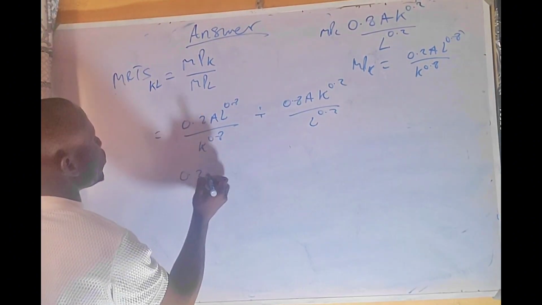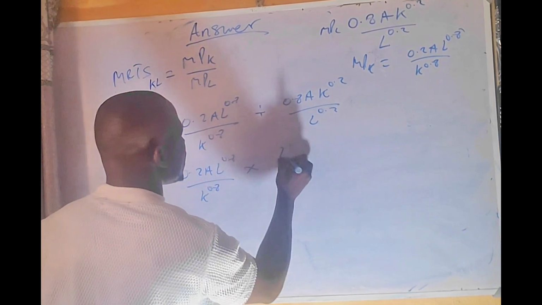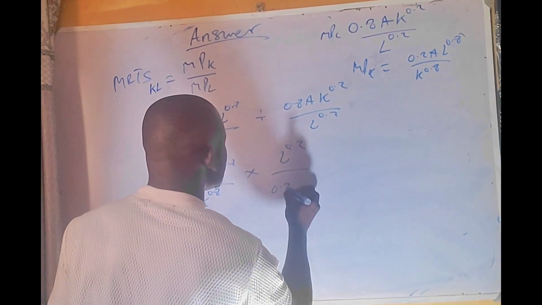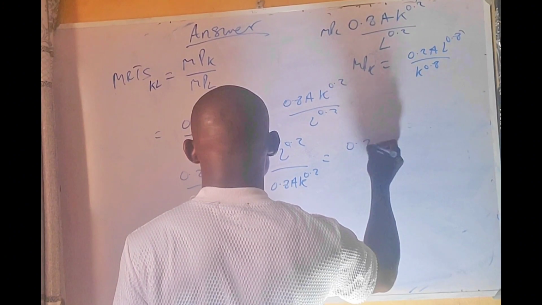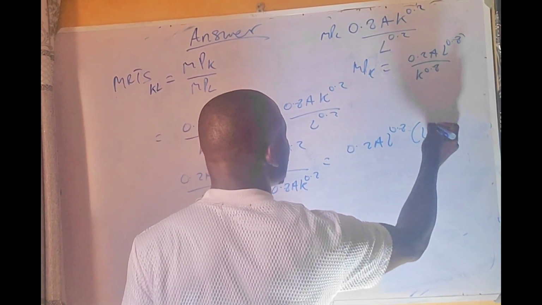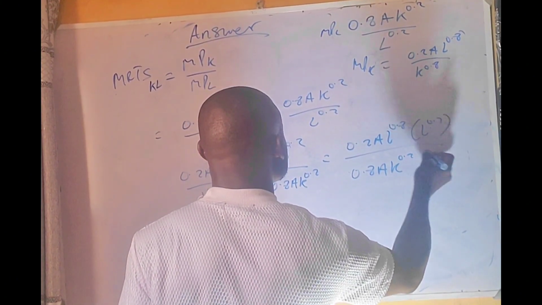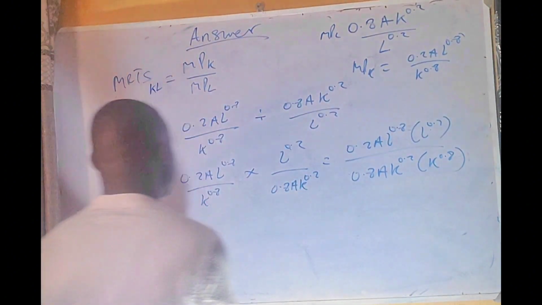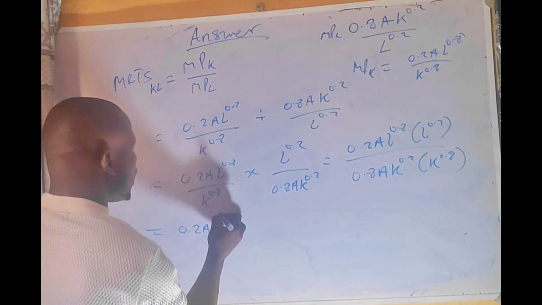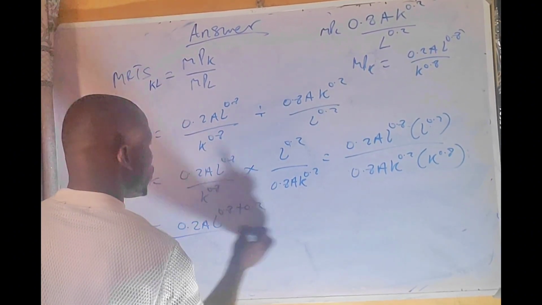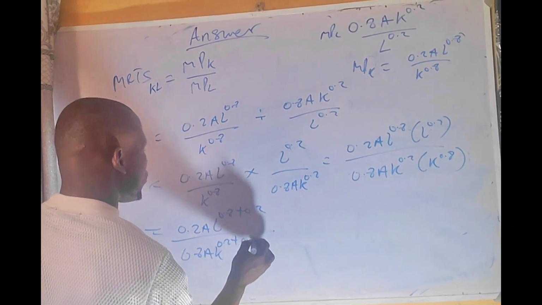We do the same thing. We have 0.2 A L^0.8 all over K^0.8 times L^0.2 all over 0.8 A K^0.2. So this will now be 0.2 A L^0.8 into L^0.2 all over 0.8 A K^0.2 into K^0.8. Through our knowledge of indices, this will be 0.2 A L^(0.8+0.2) all over 0.8 A K^(0.2+0.8).